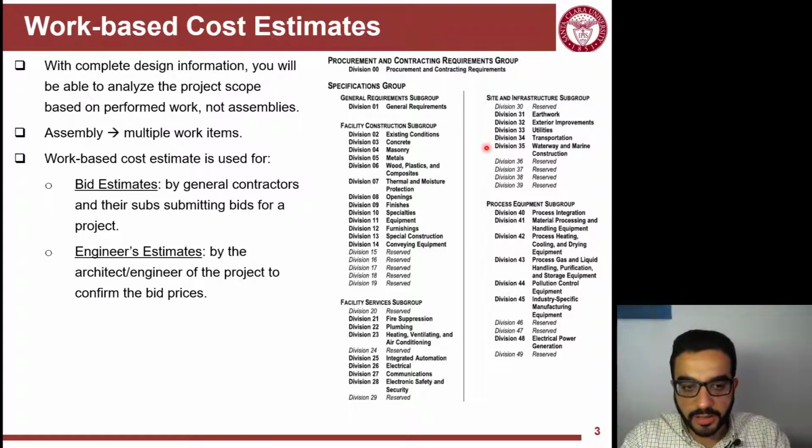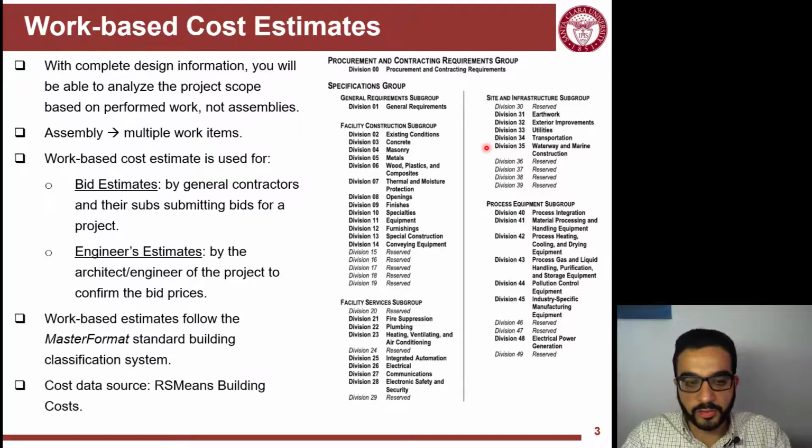They do that because the format they use for cost estimating follows MasterFormat, which depends on classifying the project scope by the material and the installation methods. So it's more friendly for managing the project in terms of who will do the work and how.